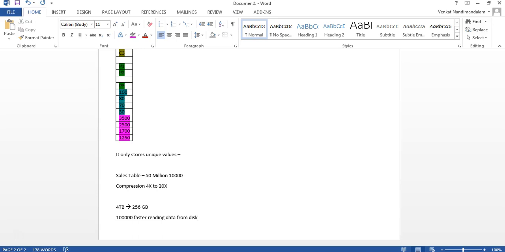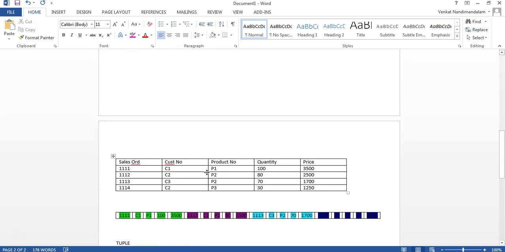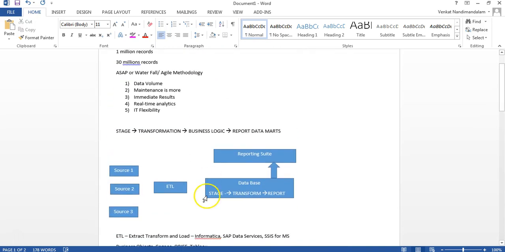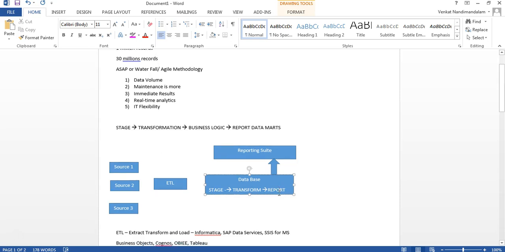So now you are able to run queries faster, your database size has reduced, and obviously maintenance will become easier. When you have models that can fetch you data in very little time, you don't need to store data multiple times like we did here, where you load the data as is into one schema, then apply the transformations, and then again move data to a different schema where you apply business logic.